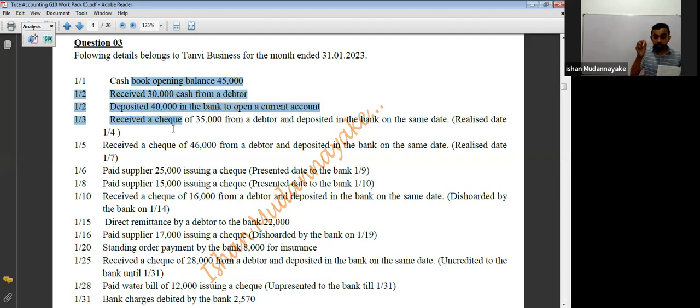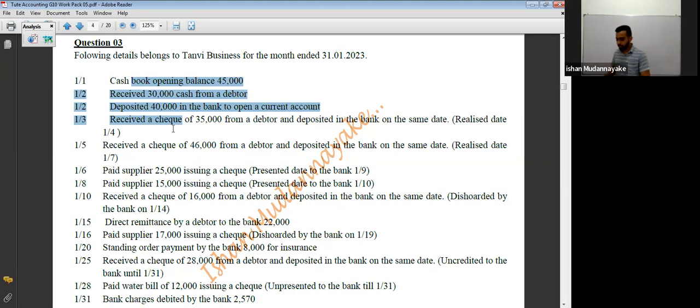Using T account format, we will discuss the cash account and bank account.